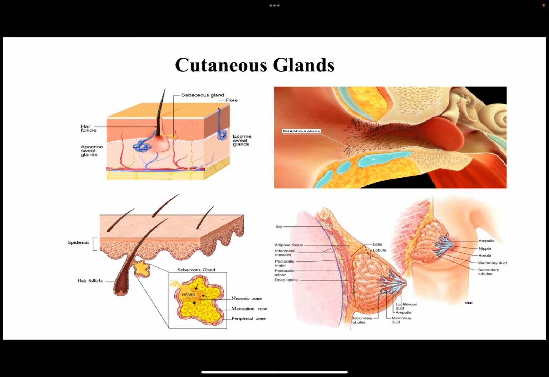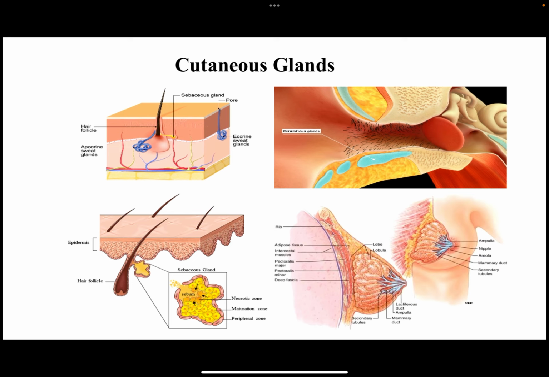And then we have the Meissner's corpuscle. They sense fine touch and texture, found in the dermal papillae. And then we have the Merkel disc. They detect light touch.